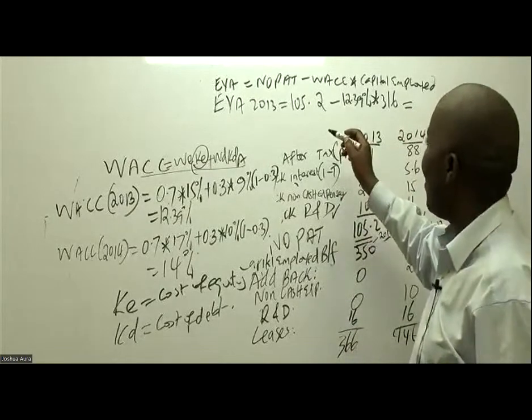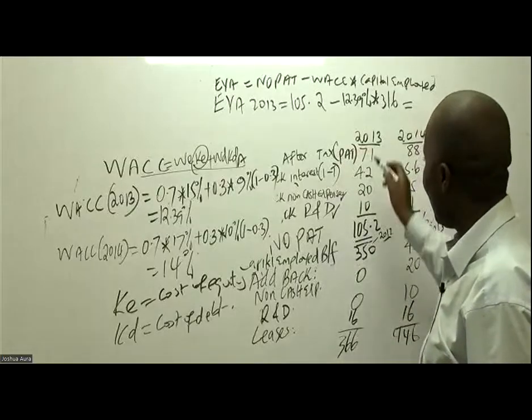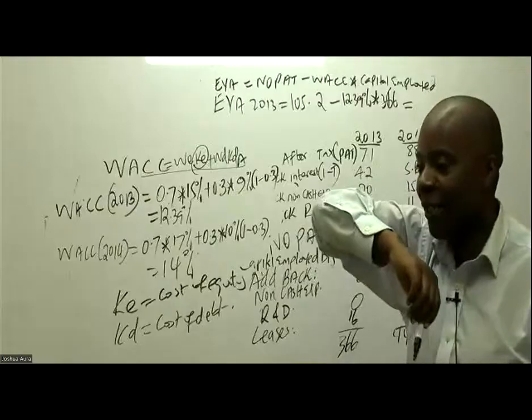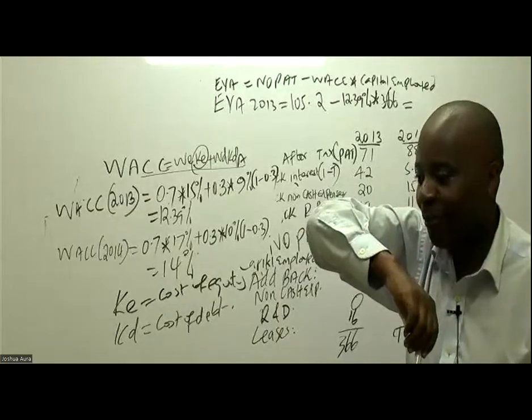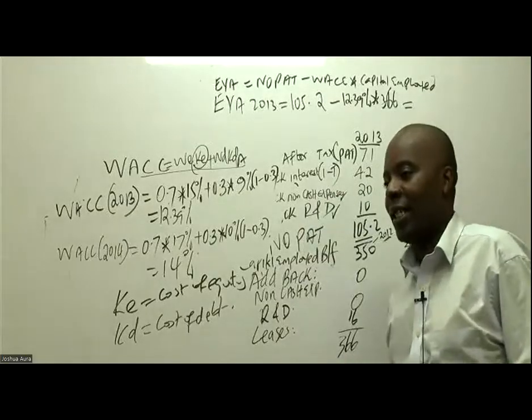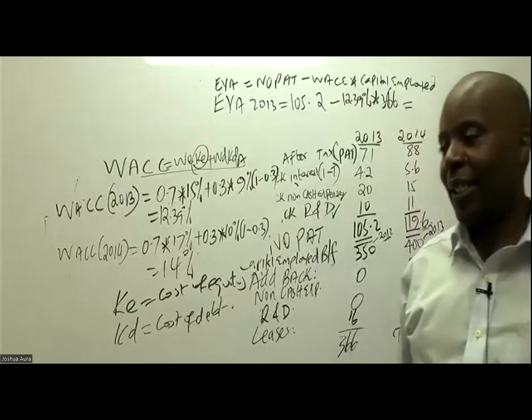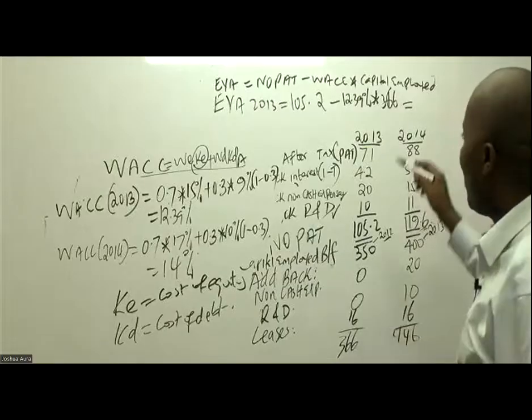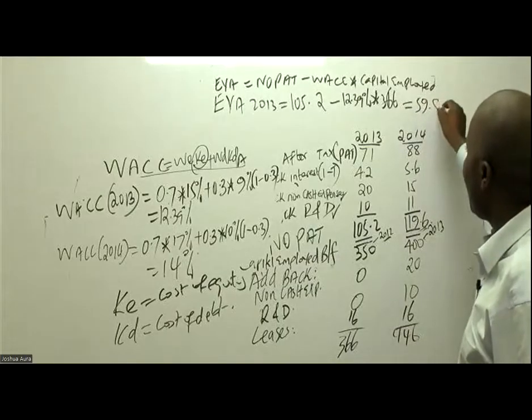Oh, okay, 366 for the capital employed. Thank you so much for correcting us. Which at the end of the day gives me 59.85.